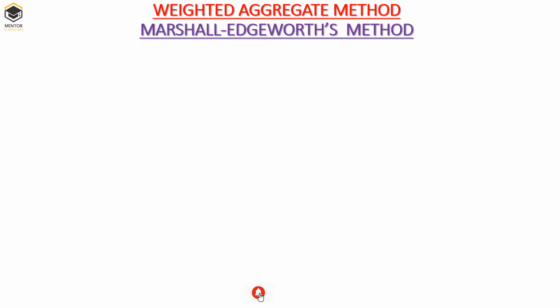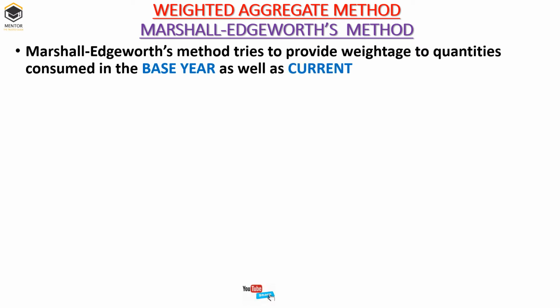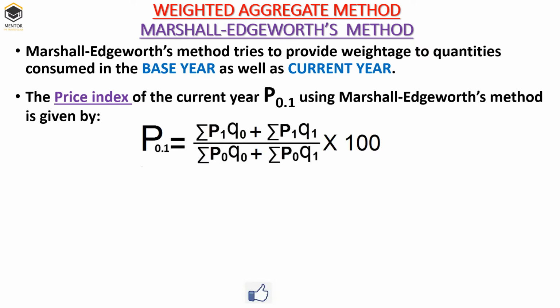Edgeworth method. Here the author has given the weight to both the current year as well as the base year. So the price index P01, that is for the current year based on the base year, using the Marshall Edgeworth method is given as P01 is equal to summation P1 Q0 plus summation P1 Q1, whole divided by summation P0 Q0 plus summation P0 Q1.